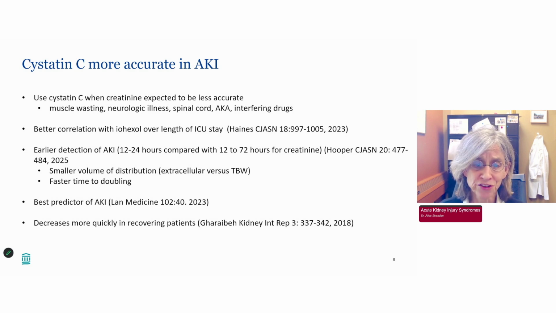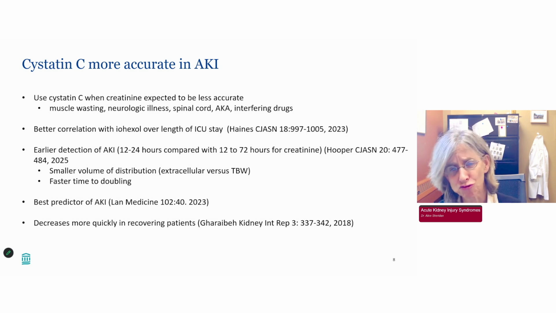However, of the 63, 21 were on dialysis. And the cystatin C started to decrease approximately a day earlier in about 68% of patients. And among those 21 who were on dialysis, the cystatin C dropped in 19 of them.